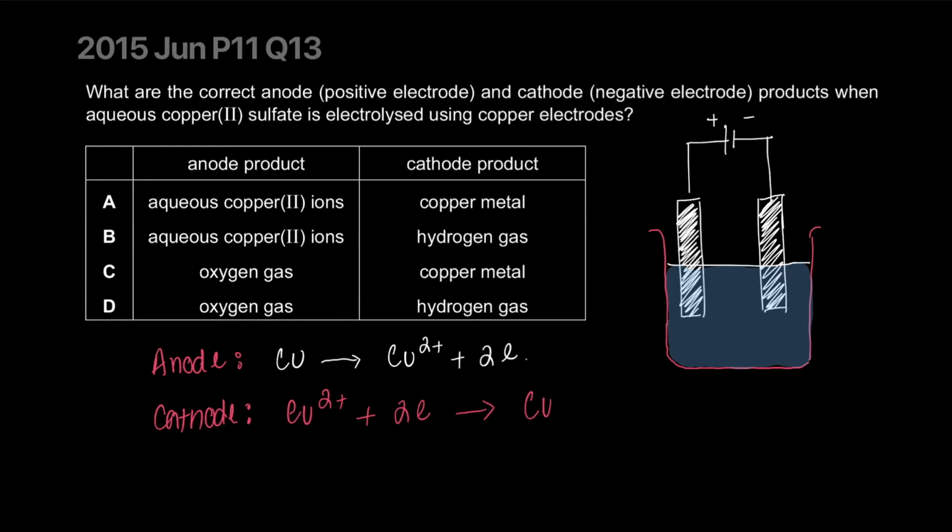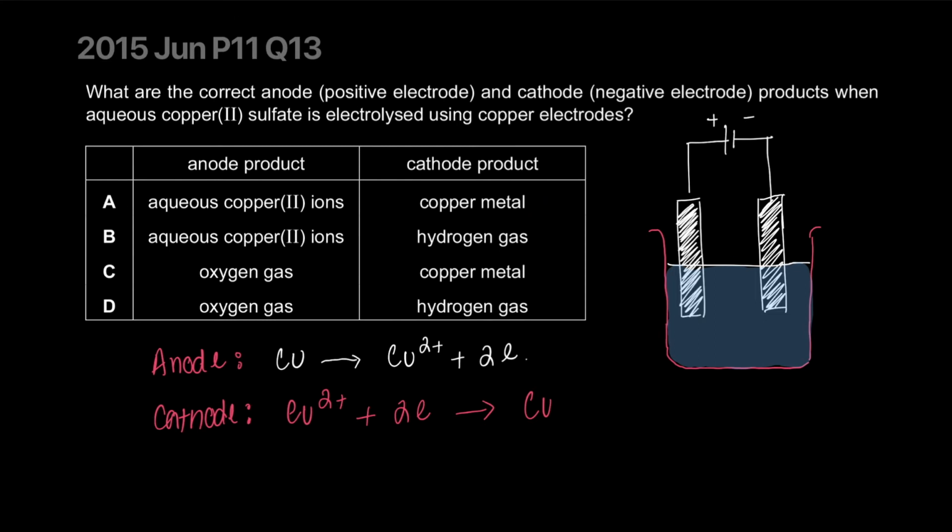So what that's going to look like is, you don't see it, but the mass of the copper over here will increase. So you'll see a big mass of copper forming over here, and over here this will deplete. Let's see what they're saying. The product is aqueous copper ions at the anode, that's true, and copper metal at the cathode, that's true as well.